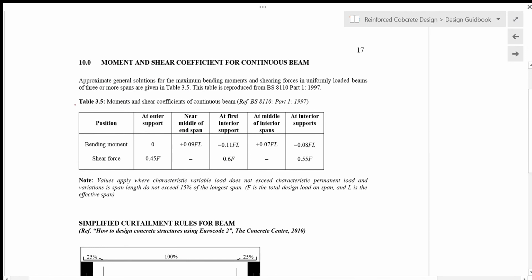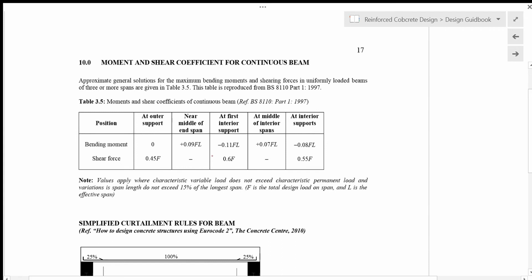This is the table that we use to determine the bending moment and shear force on a continuous beam with approximately equal span and approximately similar arrangement of loads.